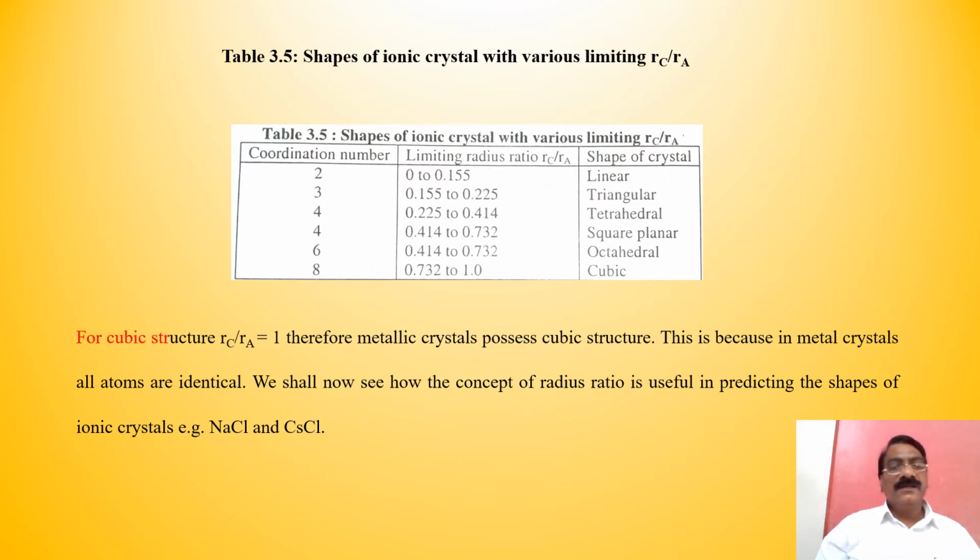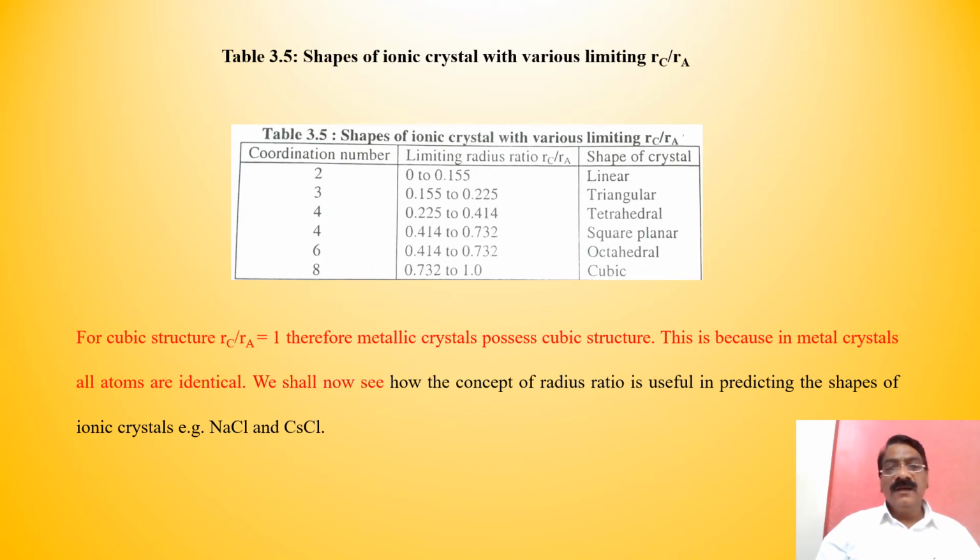For cubic structure, Rc upon Ra is equal to 1. Therefore, metallic crystals possess cubic structure, that is their radius is the same, radius ratio is 1. This is because in metal crystal all atoms are identical.